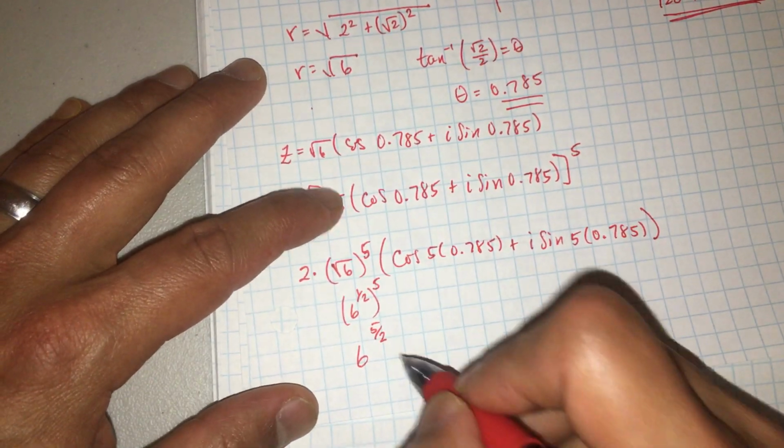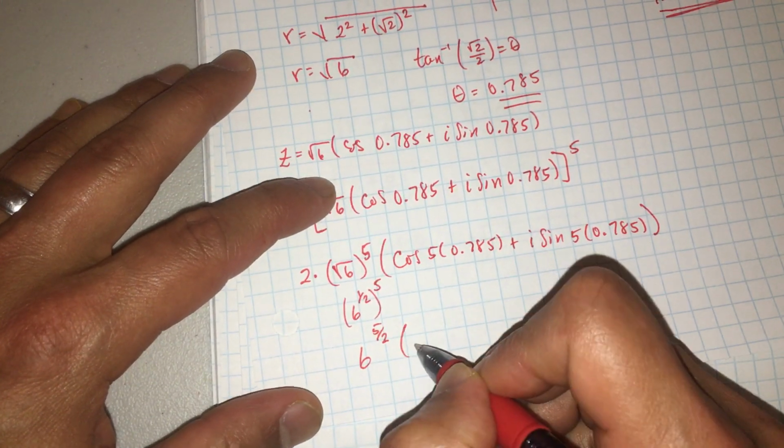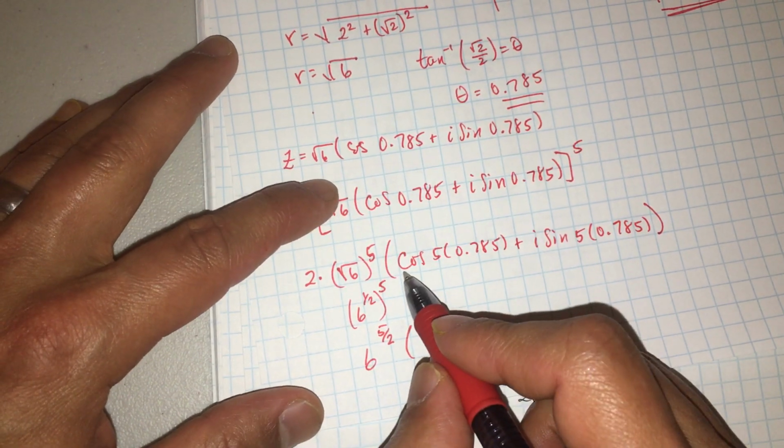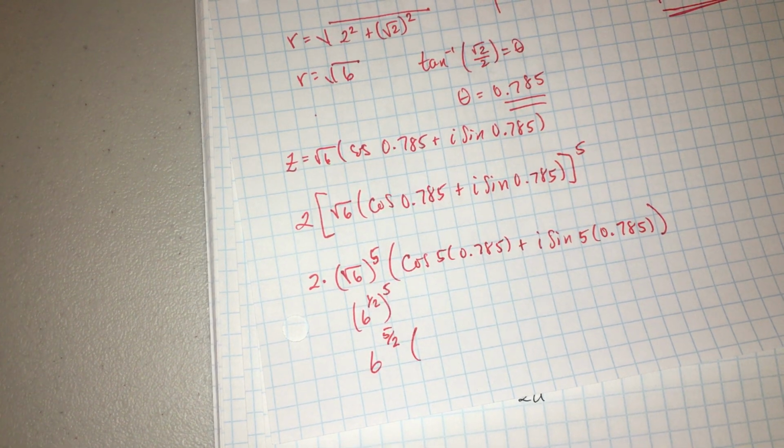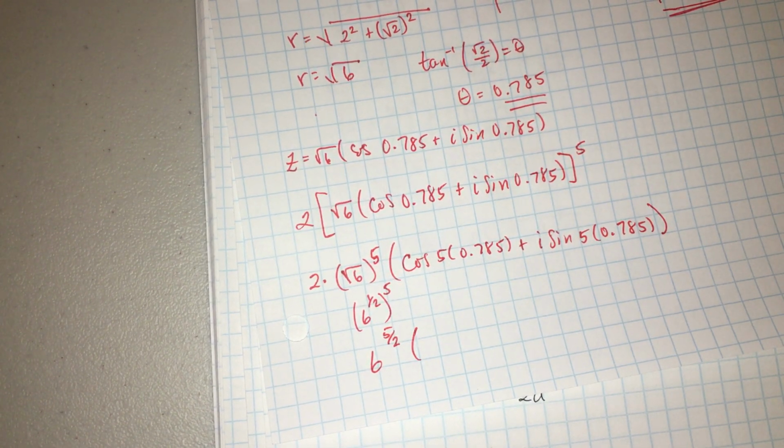Okay. And we're going to go ahead and do this guy. Cosine of 5 times 0.785. So it's 3.926.